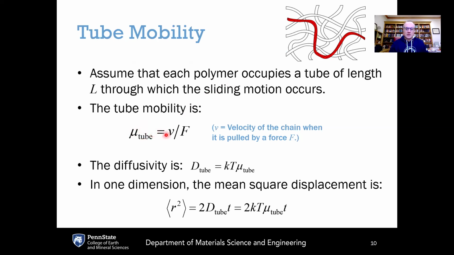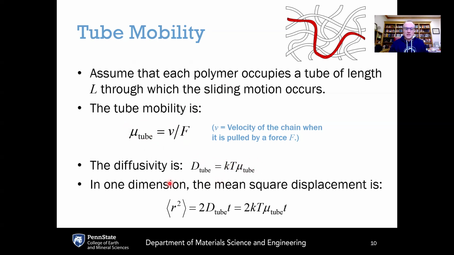That is equal to the velocity per unit force. So the velocity of the chain when it is pulled by a force F, that's what gives us the mobility. Then according to the Einstein relation, the diffusivity of the tube is equal to Boltzmann's constant times the temperature times the mobility of the tube.